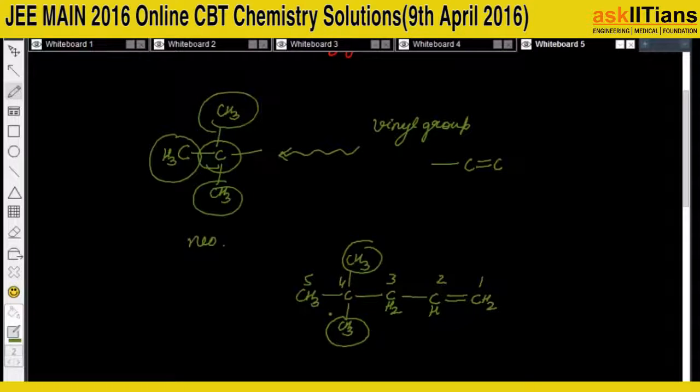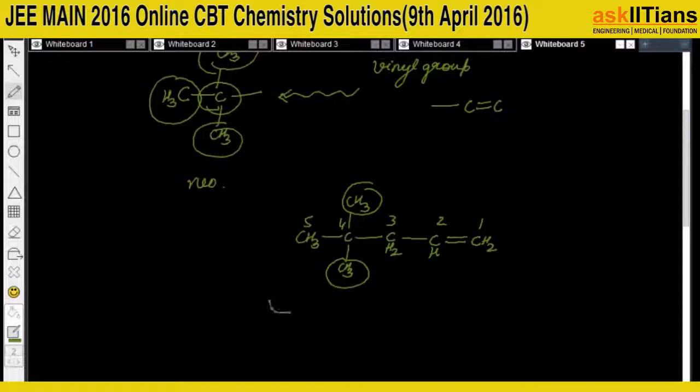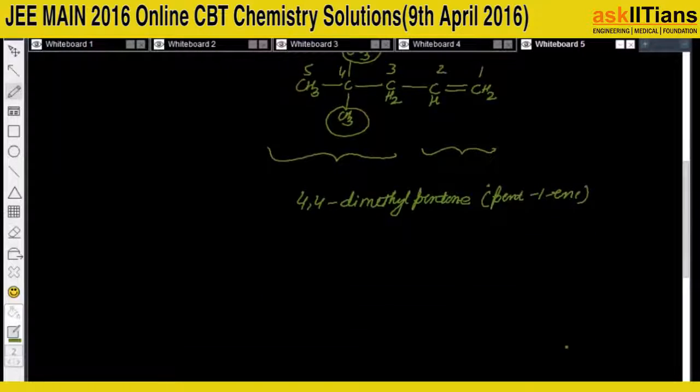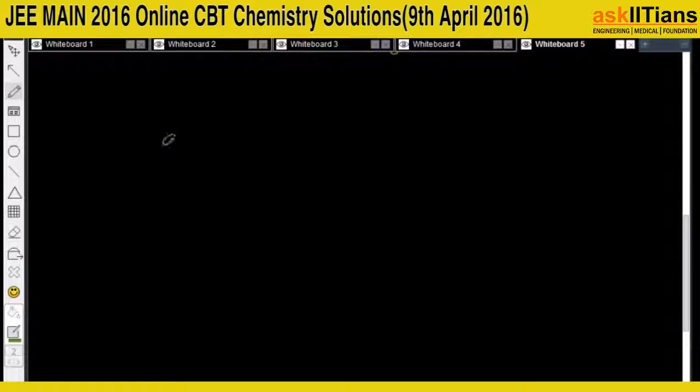So 7 carbons having one neopentyl group and a vinyl group. So this will be named as 4,4-dimethylpentene, or I can also call it pent-1-ene. So let me now look into the options available for this particular question.